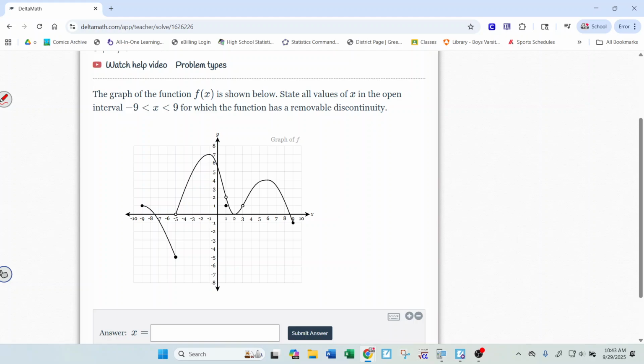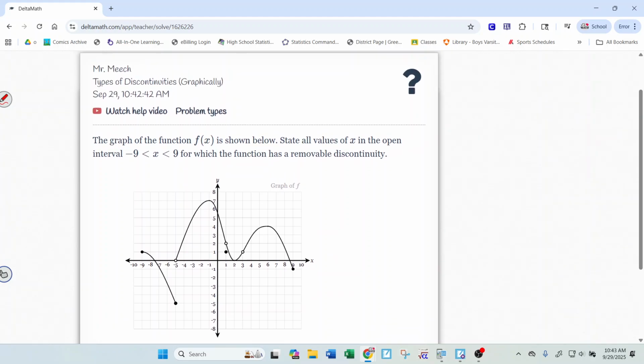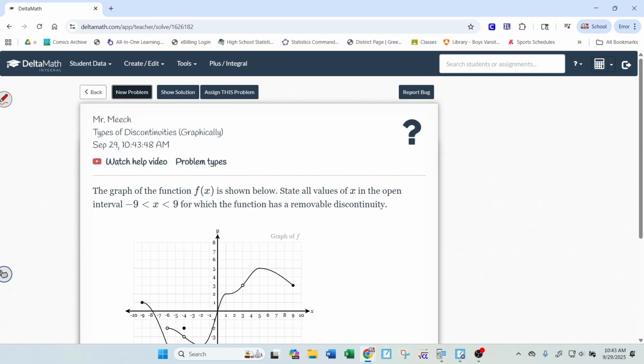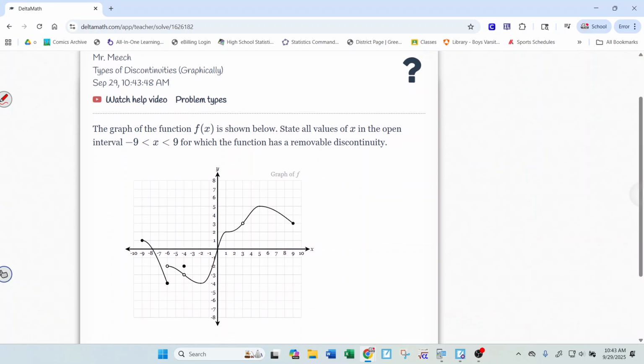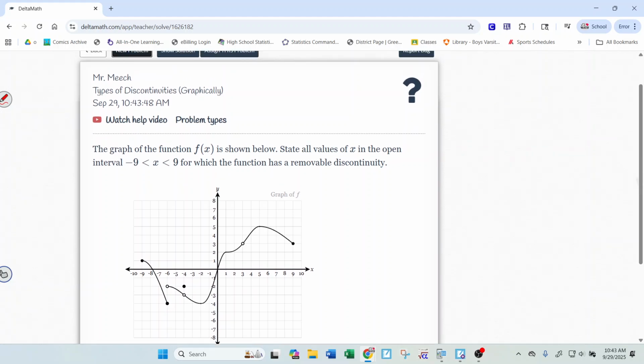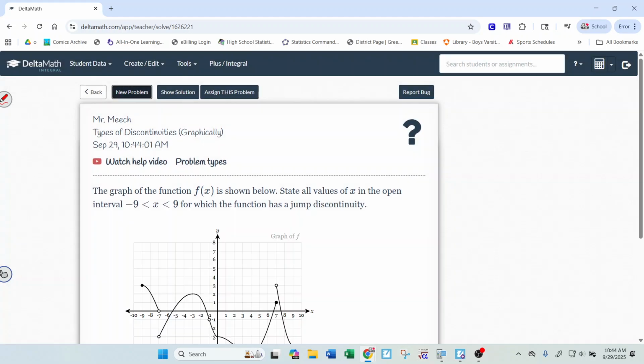When it has a break like that, that would be a jump. Let's see a new one. There, where's our removable at? 3 and -4. Okay.